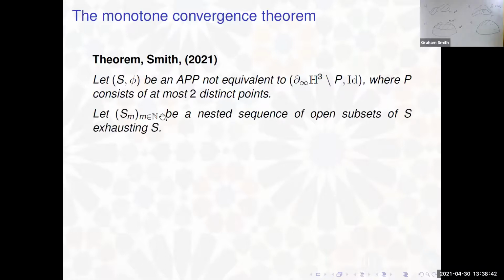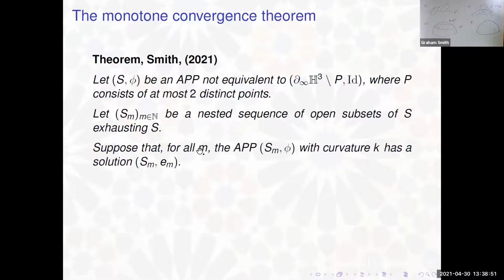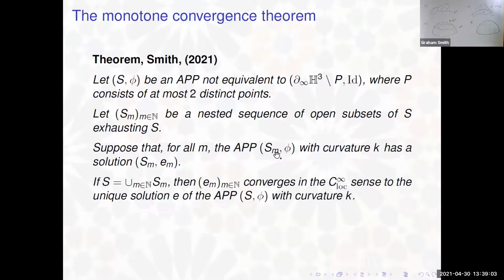Suppose now that I have a nested sequence of open subsets of my surface S, which exhausts S. And suppose that for all m, there is a solution to the asymptotic Plateau problem of curvature K defined by S_m. Now, as I said, if S_m is relatively compact, I know that the solution exists. So this condition here is superfluous because I assumed that my sequence exhausts S.